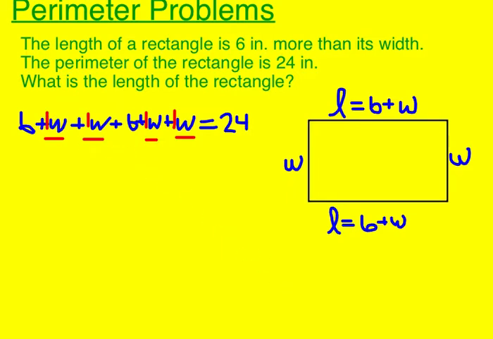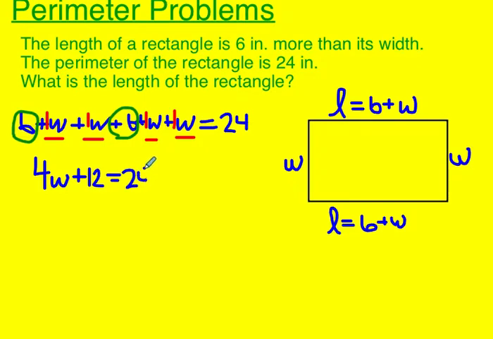I also have these 6's in play, which are constant terms, so they are like terms as well. When I combine my like terms, 1 plus 1 plus 1 plus 1 gives me 4W, and then 6 plus 6 gives me 12, so plus 12 would be equal to 24.